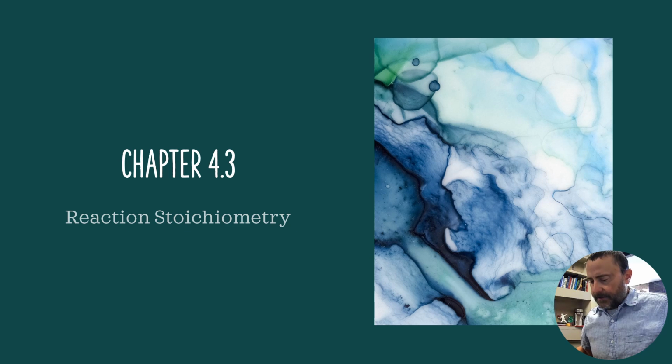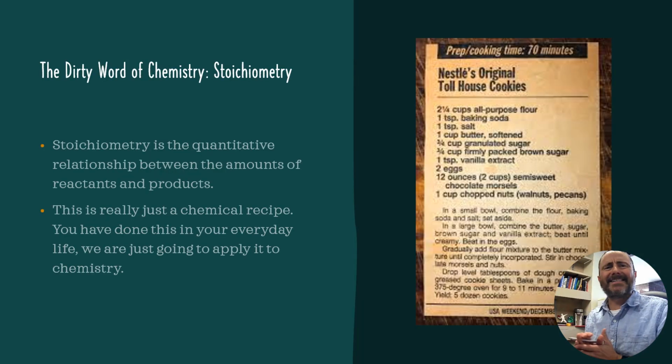All right, let's move over now to stoichiometry. It's a big change, I get it, but we're going to build upon some of the stuff that we did. Stoichiometry really is like that dirty word of chemistry, so let's hopefully make it as easy as possible. I like to think about stoichiometry not in terms of chemistry right off the bat, but more of us being bakers in the kitchen.